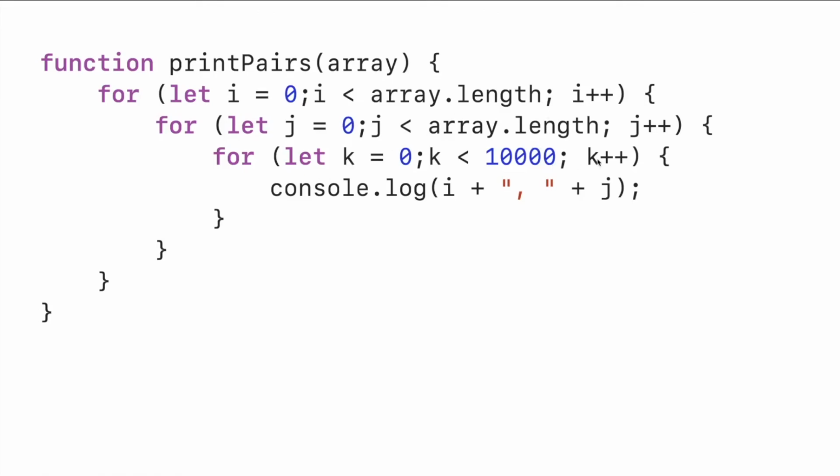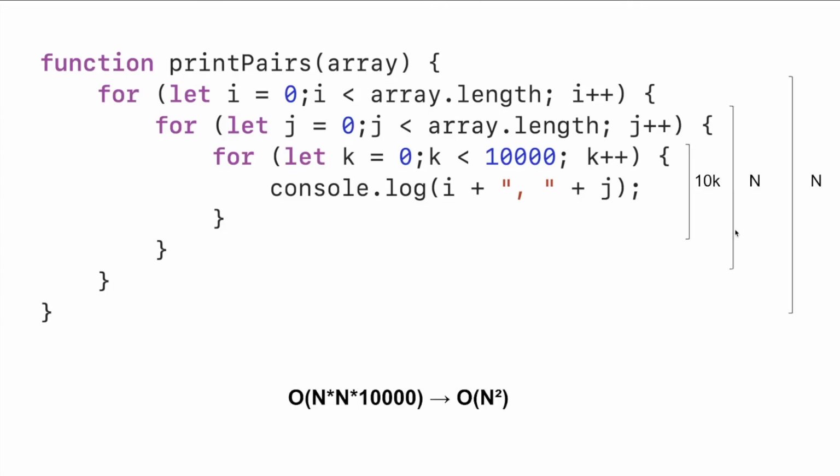If you were to calculate the iterations for this function, the outer for loop takes n iterations, the inner one takes n iterations, and the third inner one takes 10,000 iterations. Now the big O notation for this function will be of order n multiplied by n multiplied by 10,000. Since we can remove the constant terms, we can express it as order of n square.